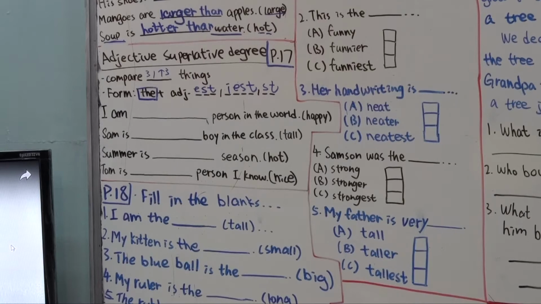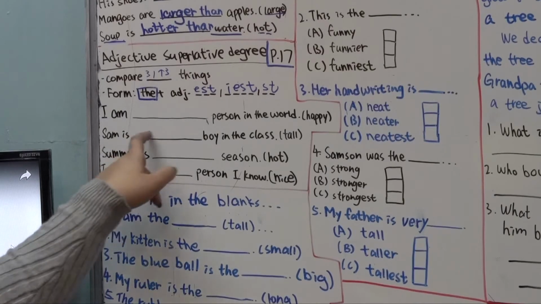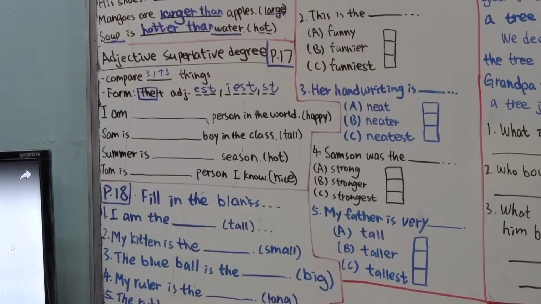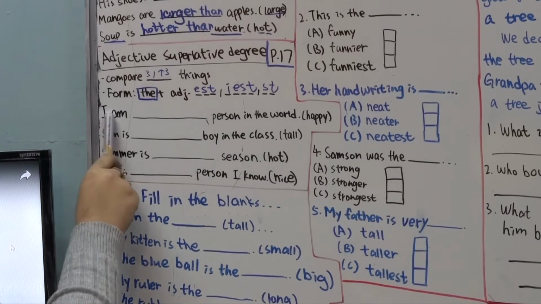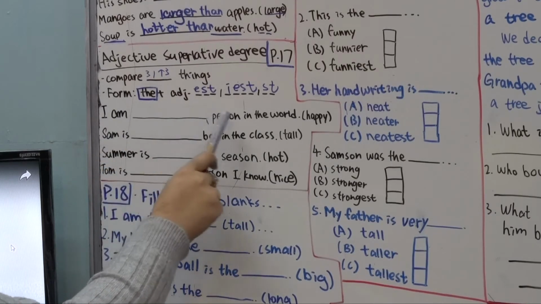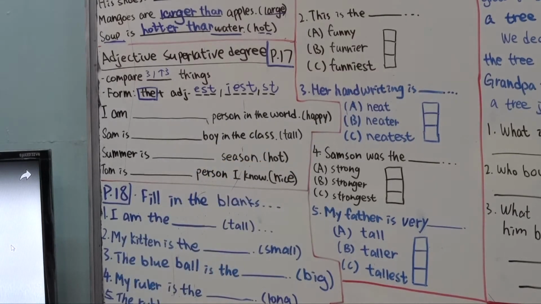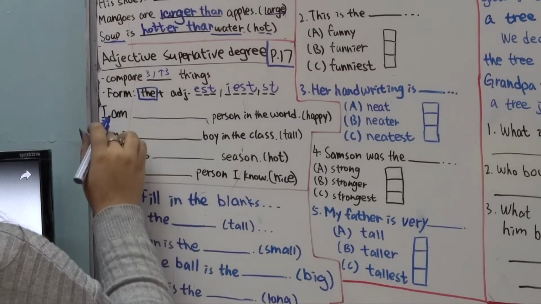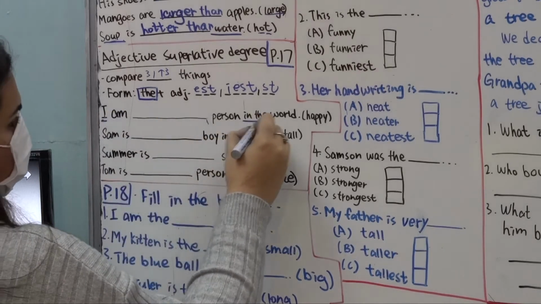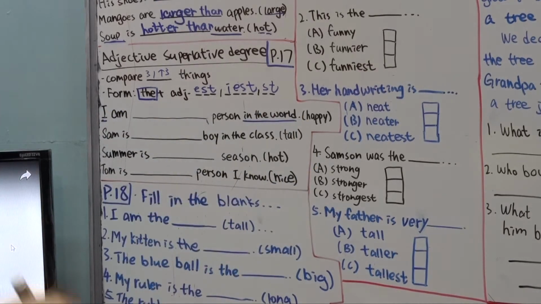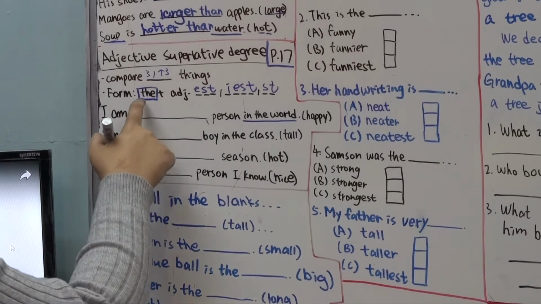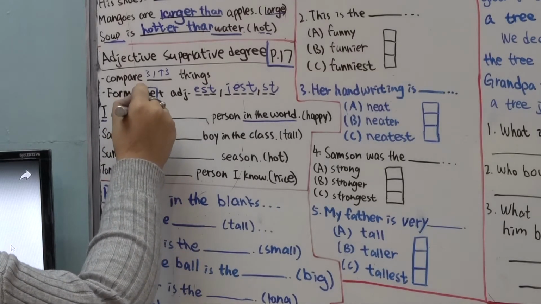Now we may look at some exercises so you know how to use them. Okay. I am what person in the world happy? They gave you I and in the world. So in the world, there are lots of people. So basically there are more than 3, right? So we use superlative here. As always, we add the, right?